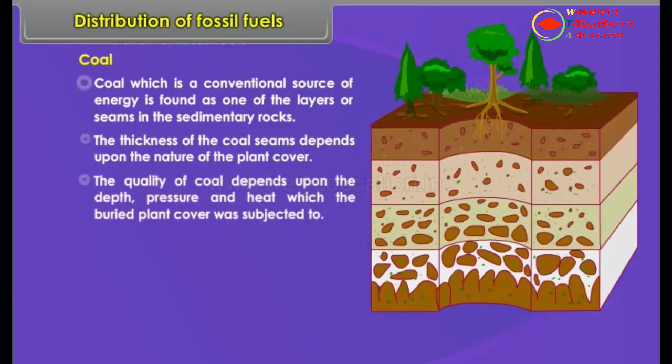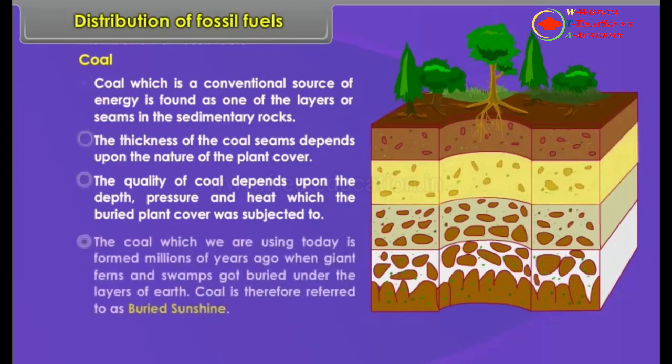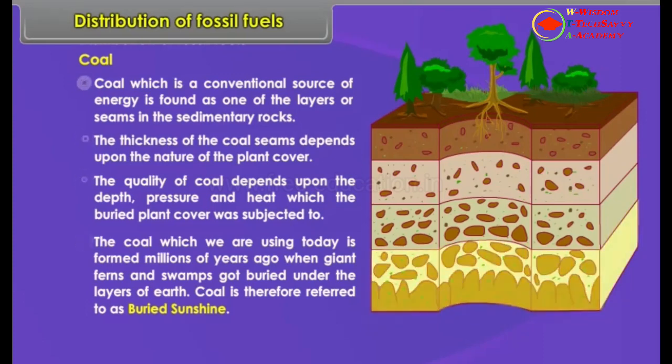The quality of coal depends upon the depth, pressure and heat which the buried plant cover was subjected to. The coal which we are using today is formed millions of years ago when giant ferns and swamps got buried under the layers of earth. Coal is therefore referred to as buried sunshine.